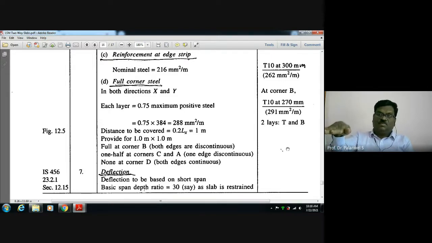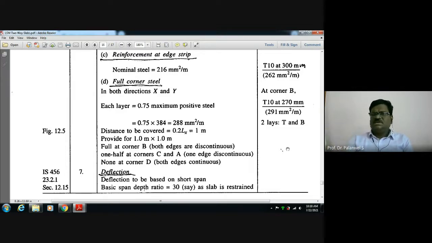For that, I have to provide a reinforcement cage at the top, 0.2 times the span. For a 5 meter span, 1 meter on this side. Here 0.2 times 8.7 meter, that much width. I have to provide the torsional steel. You can provide some 10 mm dia bar or 8 mm dia bar at some spacing.